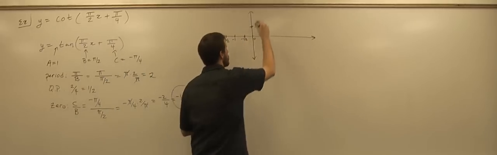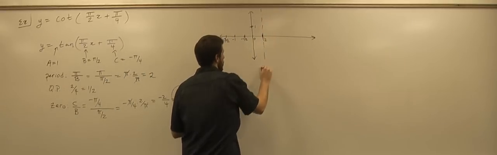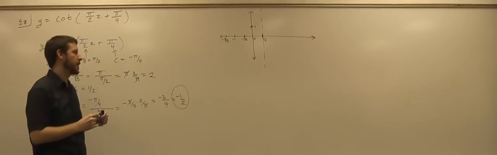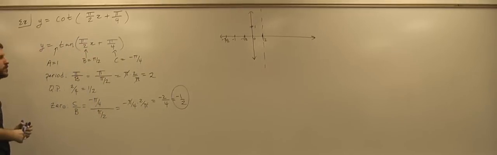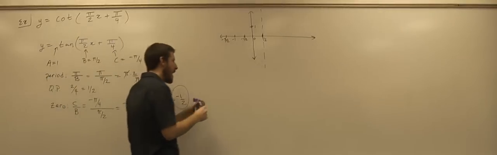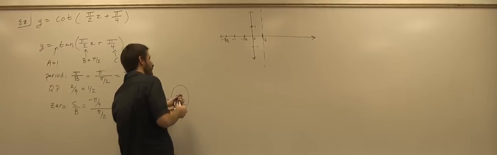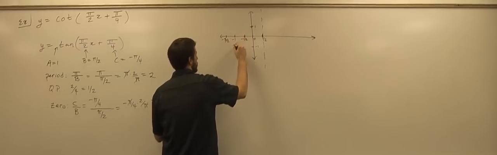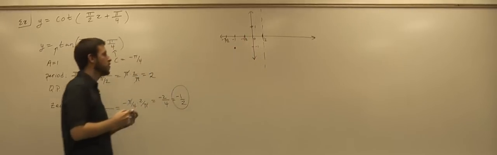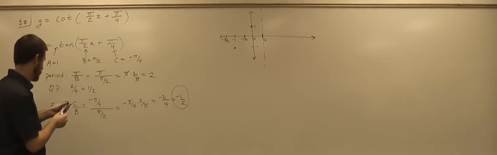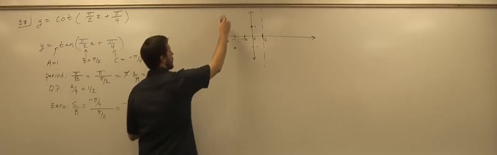Asymptote. Trouble. Right? 1 quarter period you get A, 2 quarter periods asymptote. 1 quarter period to the left, you get negative A, or negative 1 in this case. 2 quarter periods to the left, you get an asymptote.